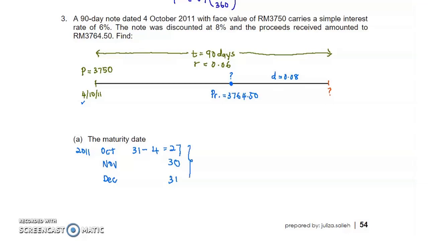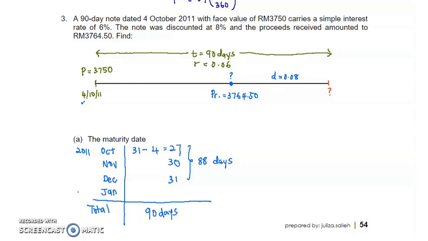So up to here already 88 days. We know that the term of note total must be equivalent to 90 days. So how many days more? After December will be January, so here is 2012. 90 minus 88 will be another 2 days.